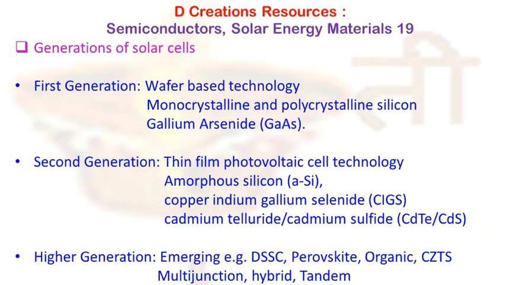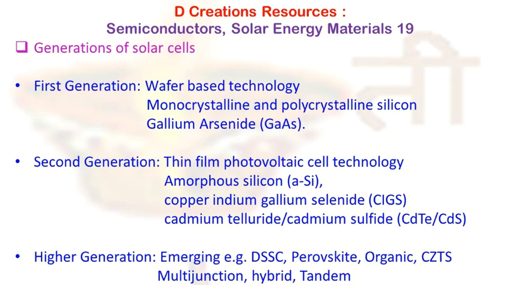Now, the next one, the second generation solar cells, are based on thin films. The earlier one, wafer based technology, the first generation solar cells like monocrystalline solar cells, were basically thick crystalline films or wafers. Now in the second generation, it's thin film solar cells, and there can be several types like copper indium gallium selenide cells, the short form is CIGS, or cadmium telluride cells, which is basically CdTe.